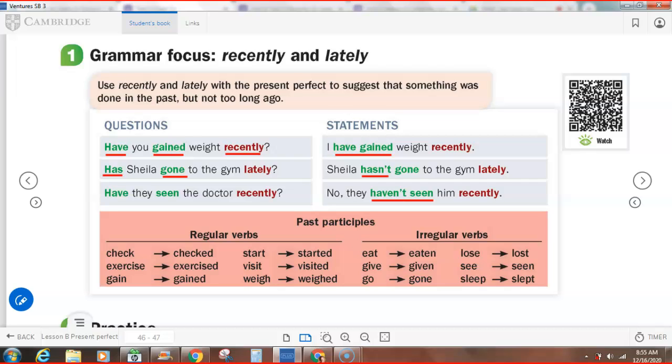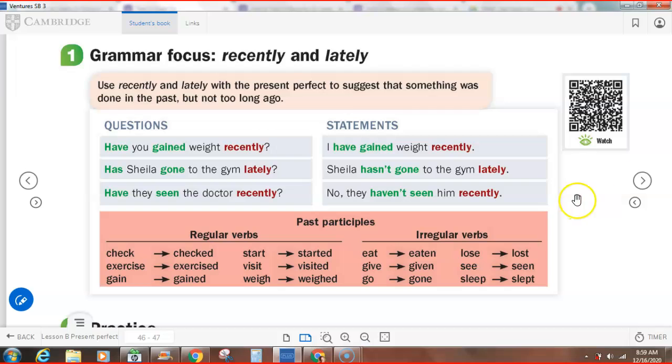Lose, lost. Exercise, exercised. Visit, visited. Give, given. See, seen. Gain, gained. Wait, waited. Go, gone. Sleep, slept. Good. All right.